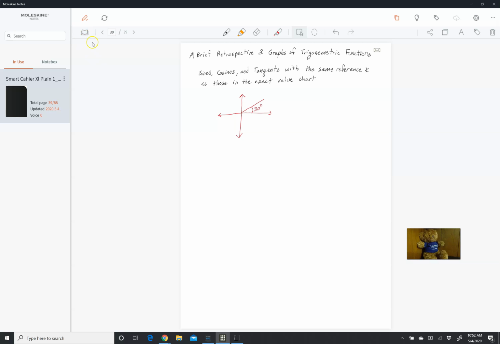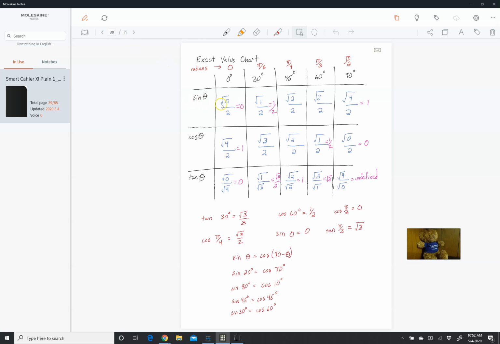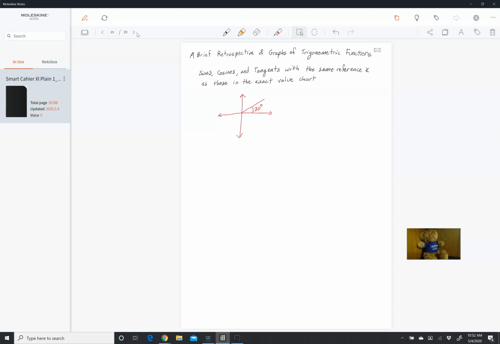based on the exact value chart, we know that the sine of 30, here 30 degrees, is 1/2. Cosine of 30 is square root of 3/2, and the tangent of 30 is square root of 3/3. So let's just write that down. Sine of 30 is 1/2.